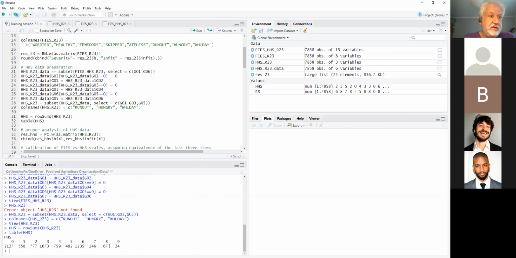With the household hunger score it is a different situation, in which the highest number of respondents have a row score 0. And then there are different numbers of respondents from row score 1 to 9. So this is already in itself evidence that the household hunger score is capturing a more severe phenomenon than what is being captured by the FIES.